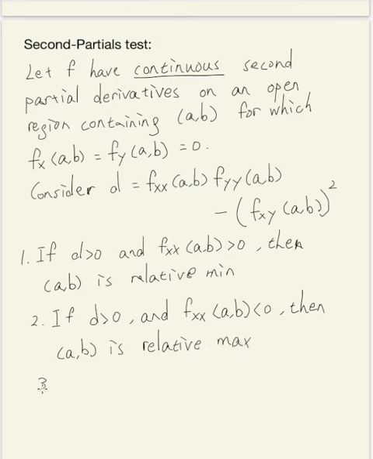And third, if D is smaller than 0, then (a,b) is a saddle point.